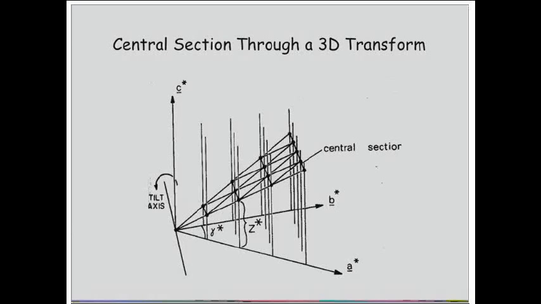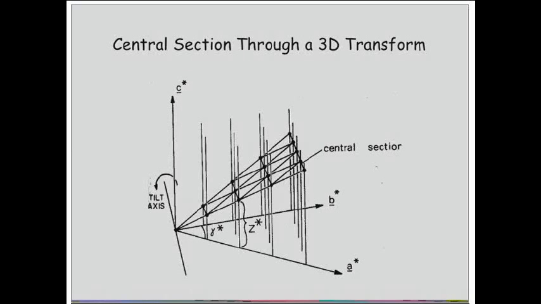So we're trying to find out where exactly we are measuring when we tilt the crystal in the microscope. To work out what Z star is, we need to know where the tilt axis is. So we need to know the azimuth of the tilt axis, and we need to know by how much we're tilting.